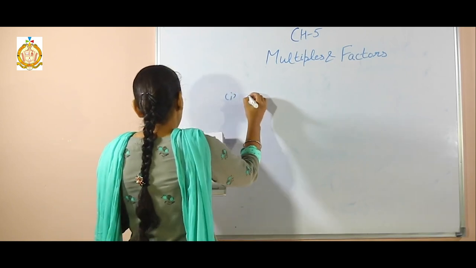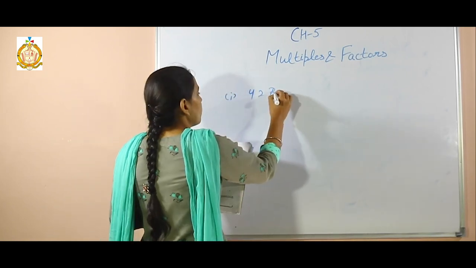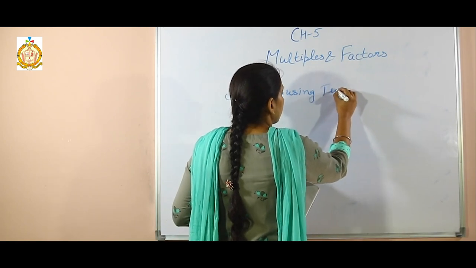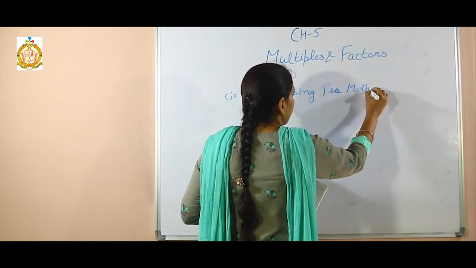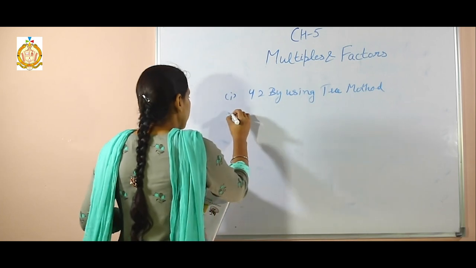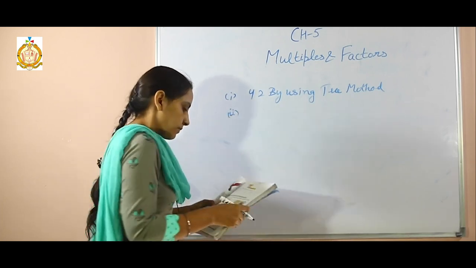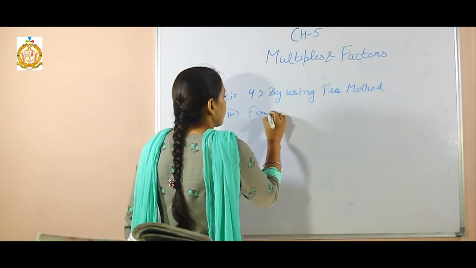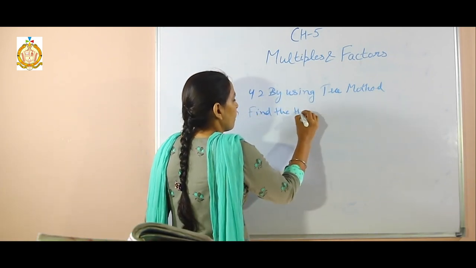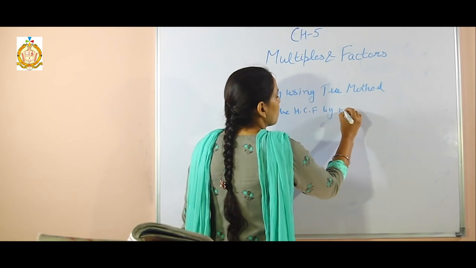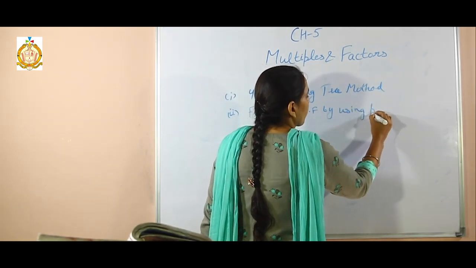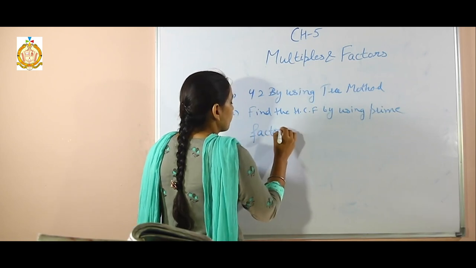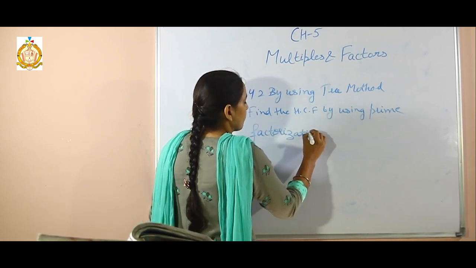Find the prime factors of 42 by using the tree method. Next, second, find the HCF by using the prime factorization method.